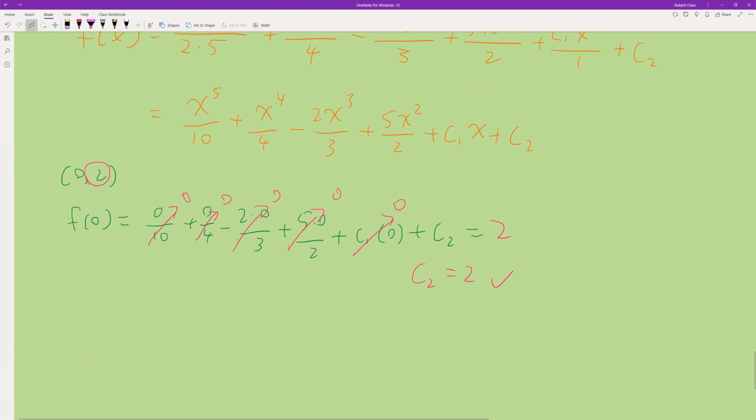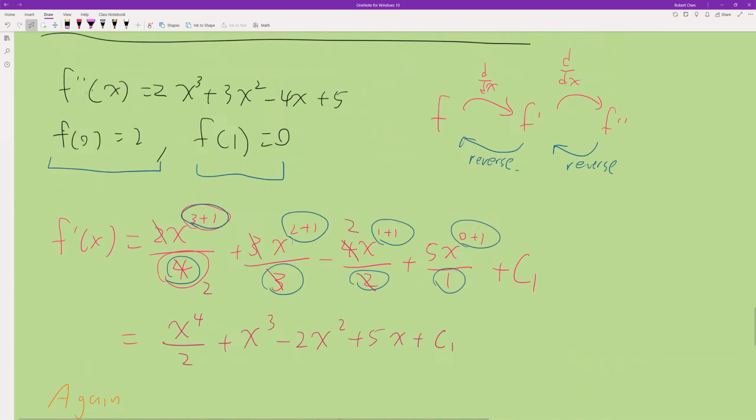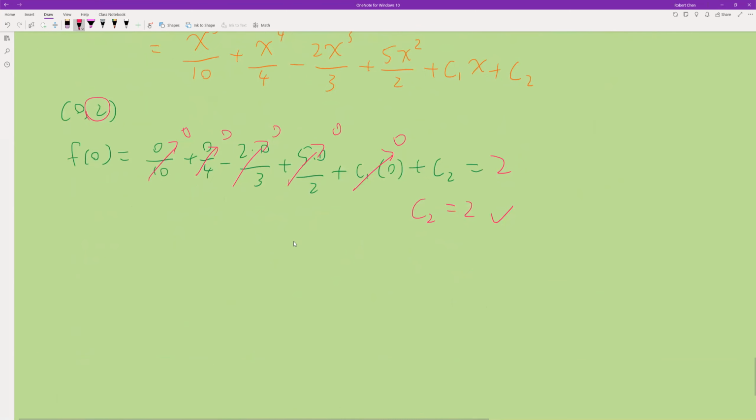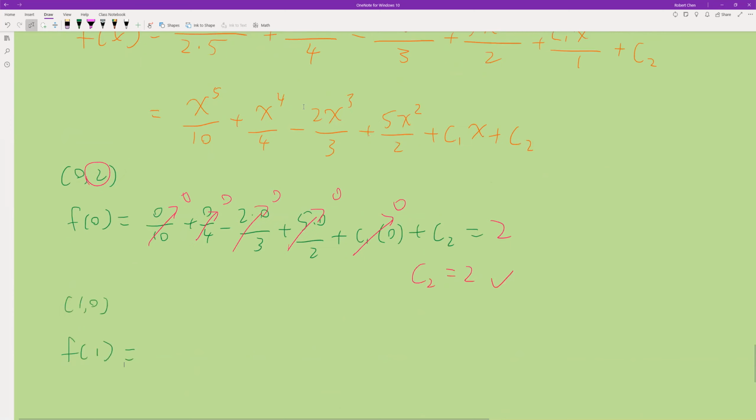And another point that we need is (1, 0), right? You're going to check with (1, 0). So f of 1 would be just plugging 1 into x. I have 1 over 10 plus 1 over 4 minus 2/3 plus 5 halves plus c1 times 1, which is c1, plus c2.